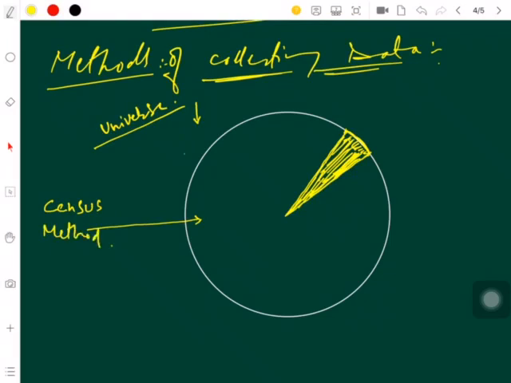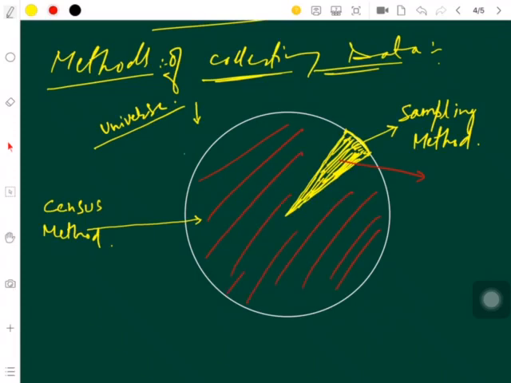But what I am doing is taking a sample out of it, so it will be called the sampling method. So what is true of this sample will be true of the whole universe.